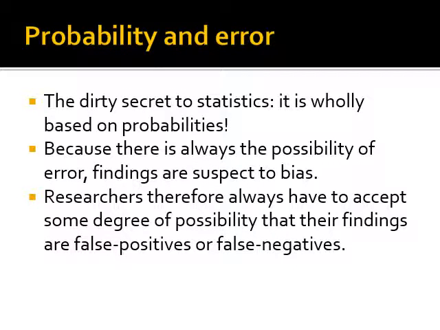So the dirty secret to statistics is that it is wholly based on probabilities. Because there is always the possibility of error, findings are suspect to bias. Researchers therefore always have to accept some degree of possibility that their findings are false positives or false negatives.